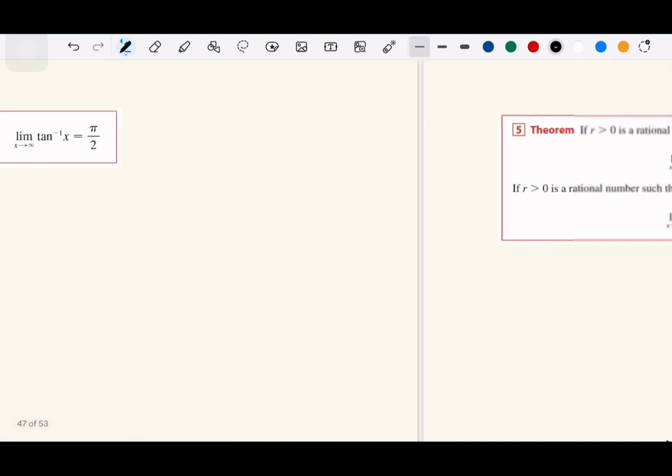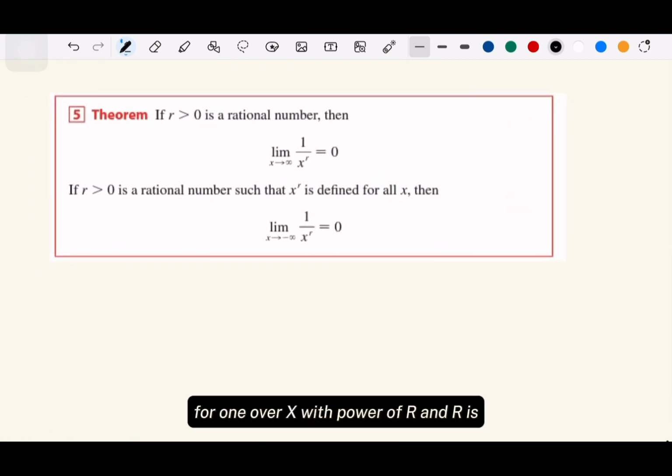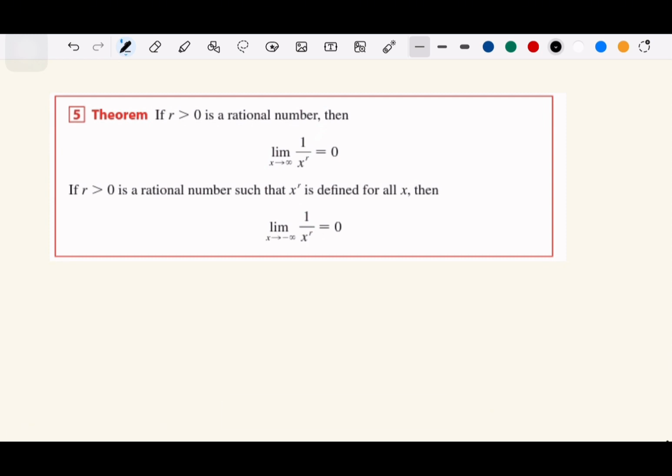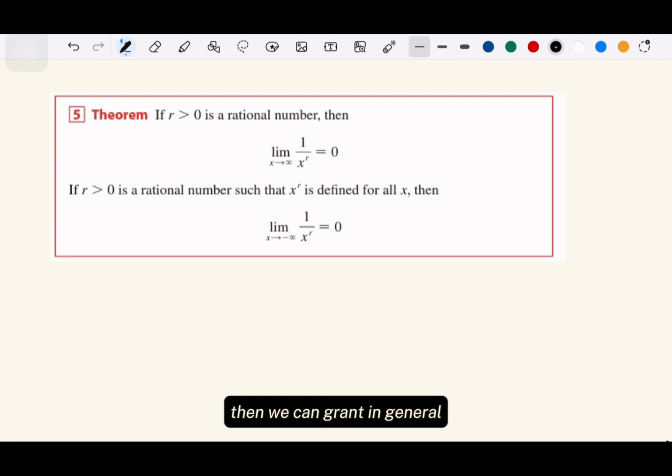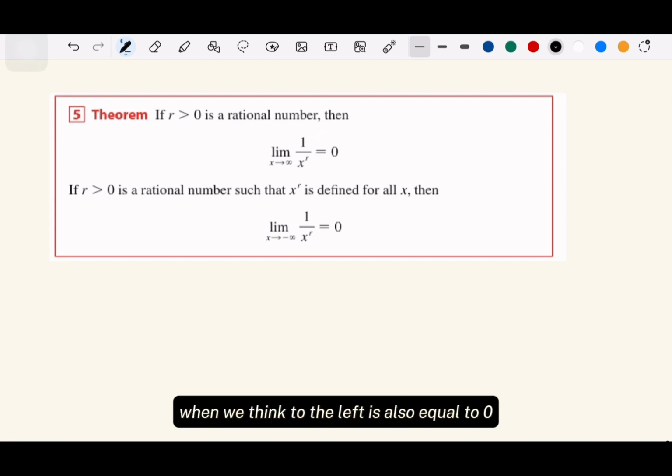So the theorem: for 1 over x to the power of r, where r is a positive rational number, we can write in general that the limit of 1 over x to the power of r as x gets close to infinity, or getting larger, is equal to 0. In the same way, when we take it to the left, it's also equal to 0.